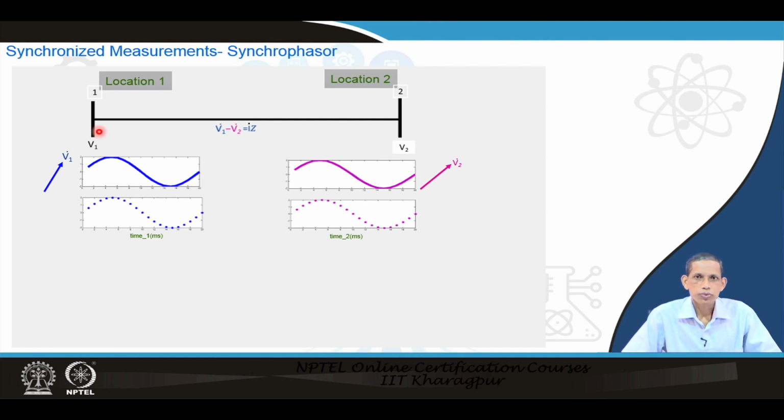These are two substations remotely connected by a transmission line having an impedance of say Z. So, we write the corresponding equation in terms of V1 minus V2 equals I Z. Here all these voltages and currents are phasors, and we can write the corresponding relations from which the impedance Z parameter can be obtained. If two are given, the third phasor can be obtained also.